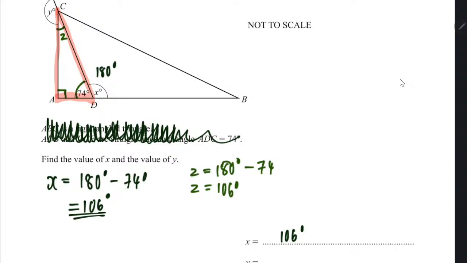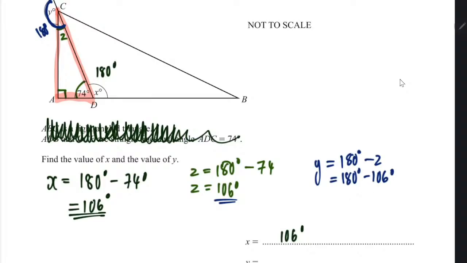Then now you see that this is a straight line, which is again 180 degrees. To get y, you say 180 degrees minus z, which is to say 180 degrees minus, what did we find for z? 106 degrees. No, z.